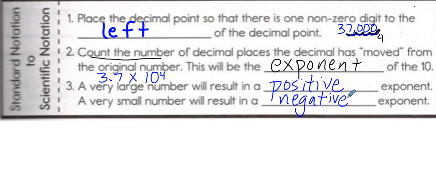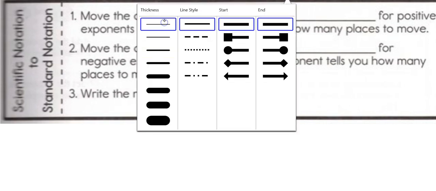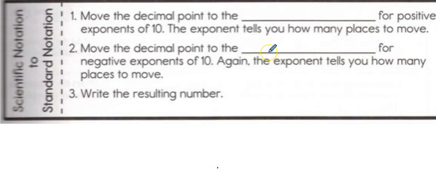Okay. So now let's look at what we do when we go from scientific notation to standard notation. Let's take a look at an example. So if I have 7.2 times 10 to the negative 6th power. Okay, so it says move the decimal point to the right for positive exponents.